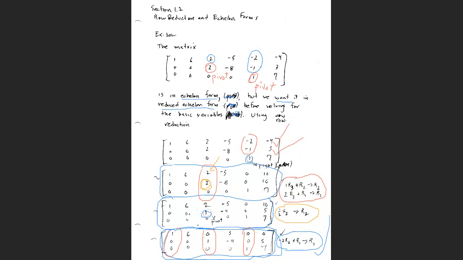So this matrix is now in what's called reduced echelon form. So I'll go to the next page, if I may, and now write down the associated system for the augmented matrix.